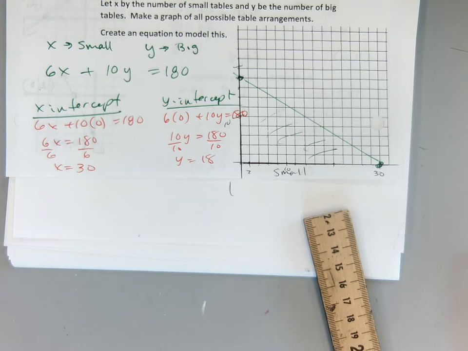And she might say, no, I want 16 small tables and 8 big tables. So that's why you have a line. This is all the combinations that you could make. You don't have to do just one or the other. There's lots of ways. So that's what the line represents. All the different combinations. Okay?